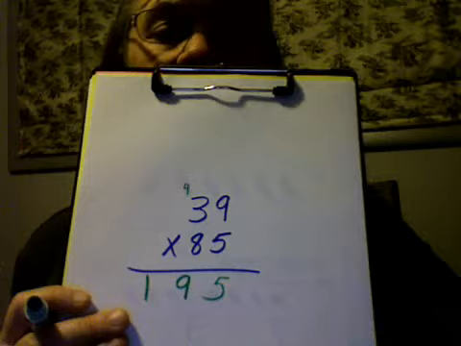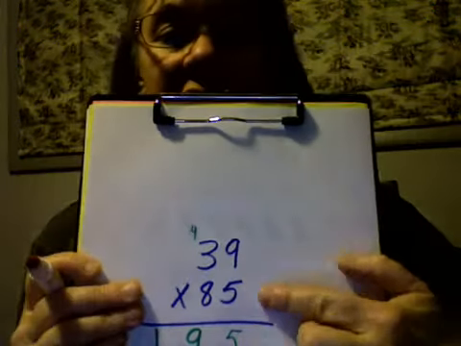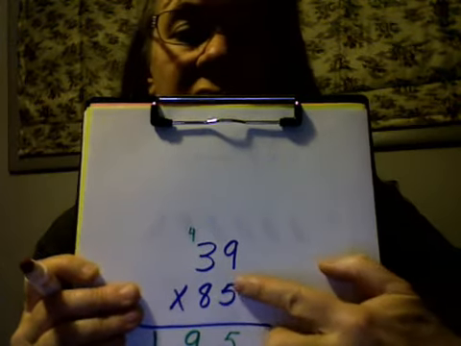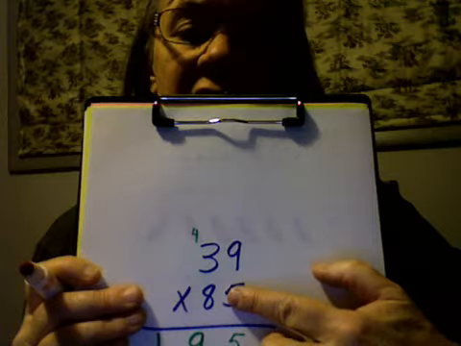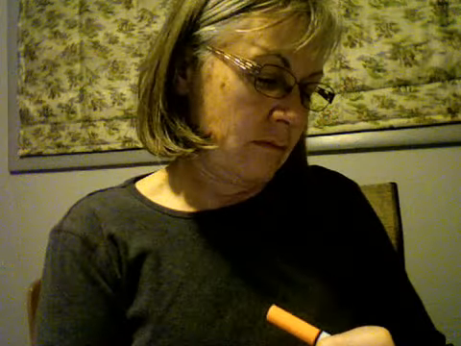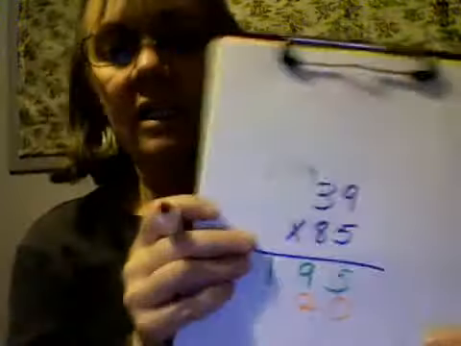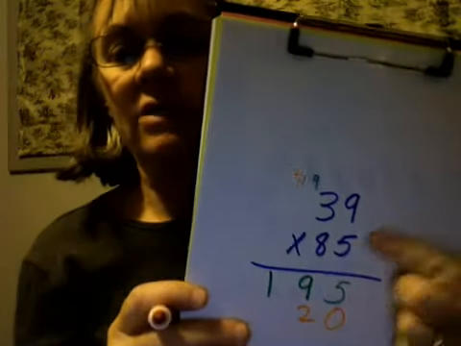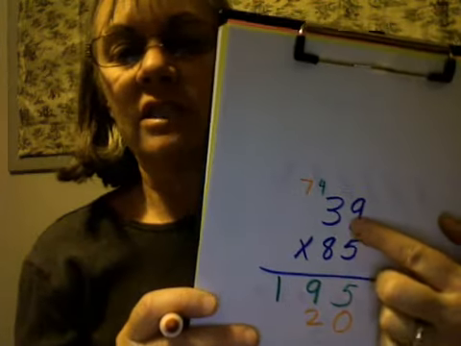Next, we need to multiply 80 groups of 39, because we have 85 as our multiplier. We'll first have to think of 80 multiplied by 9. And I know that that is 720, because I know that 9 groups of 8 are 72.